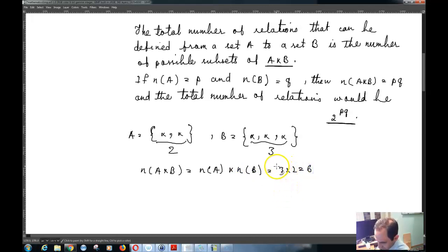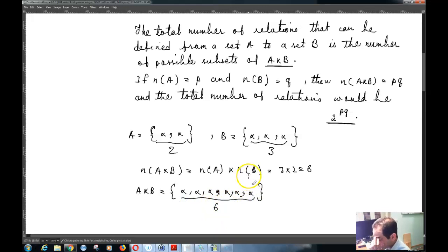That means that the number of elements in A times B, if you write A times B as a set, would be 6 elements over here.